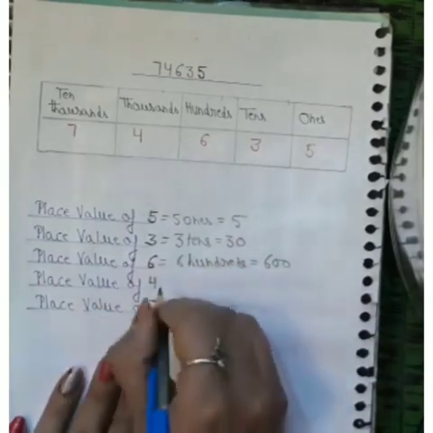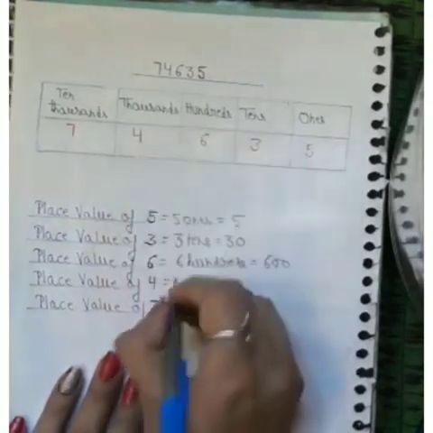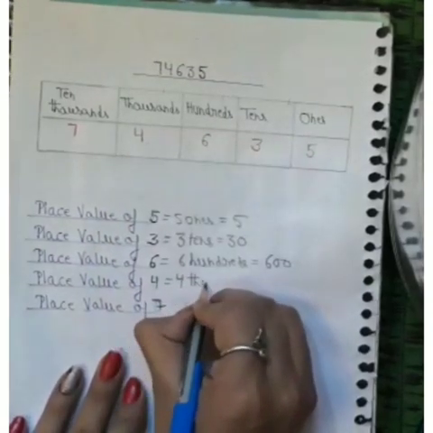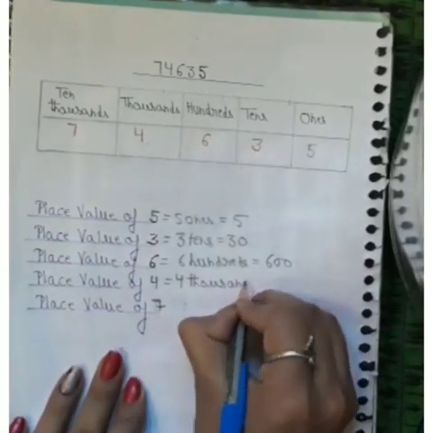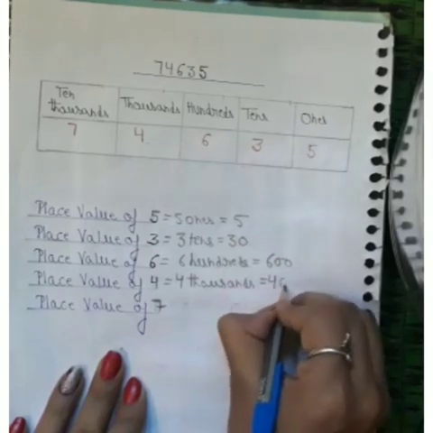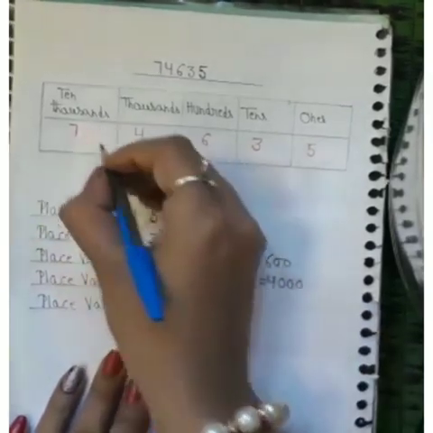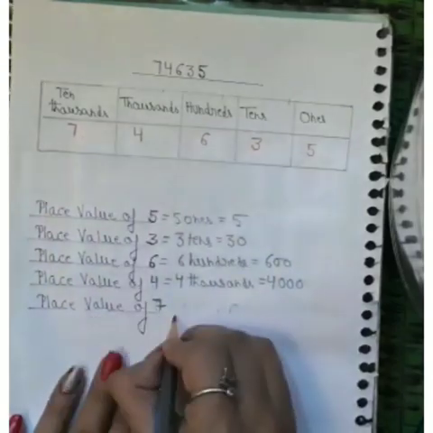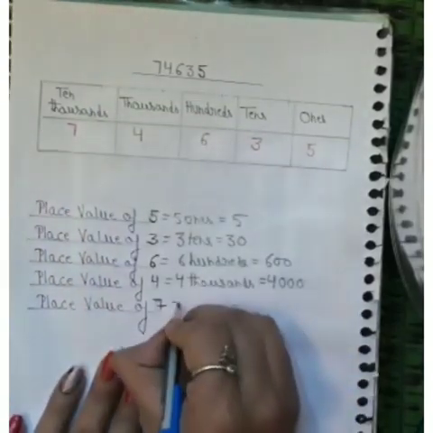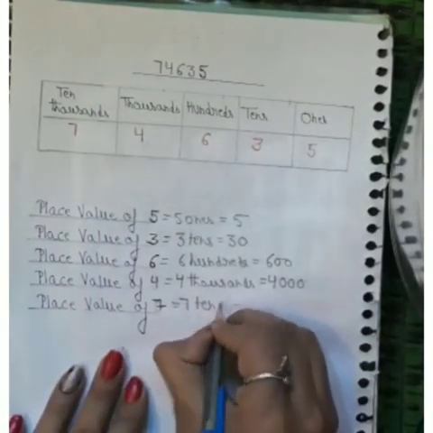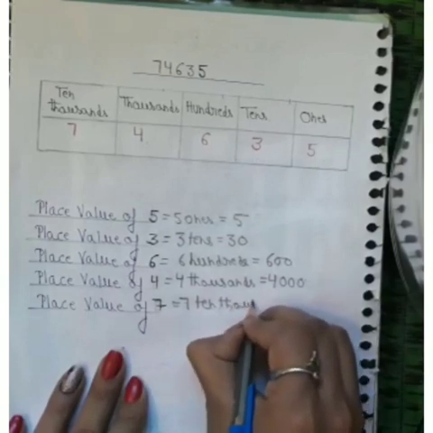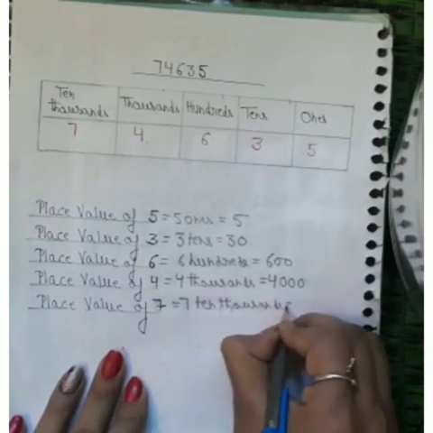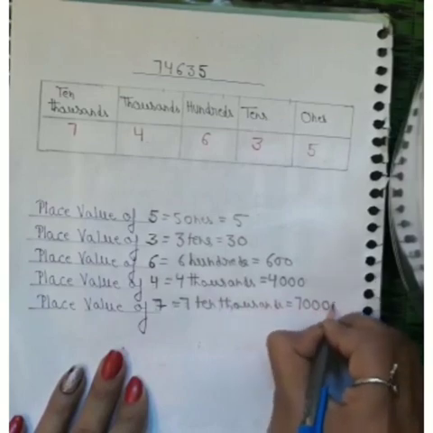Similarly, the place value of 4 is 4 thousands or 4000. Now at the last we have 7 and the place value of 7 is 7 10,000s. Here we have 70,000.